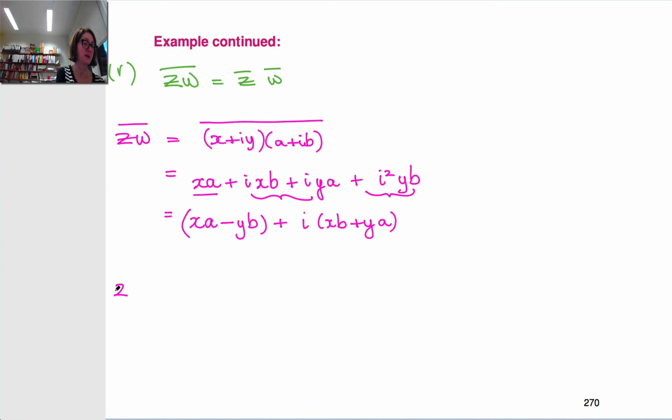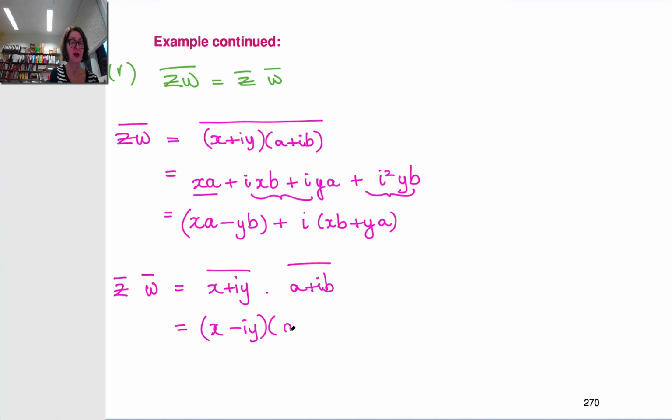What about on the right? I have to take the conjugate first, and then I'm going to multiply them together. So it's the conjugate of x plus iy times the conjugate of a plus ib. So this is x minus iy times a minus ib, and now we just have to multiply out. So this is x times a minus ixb minus iya.